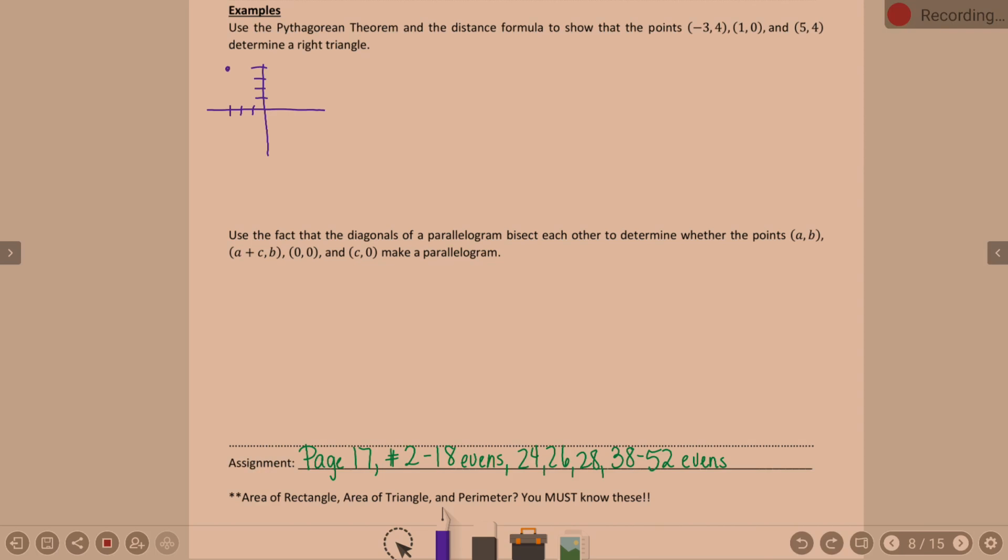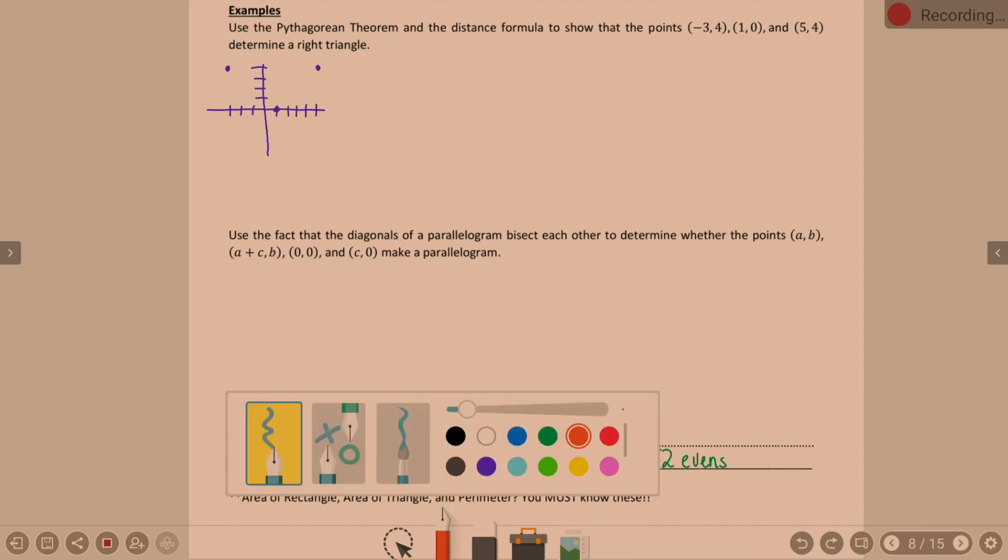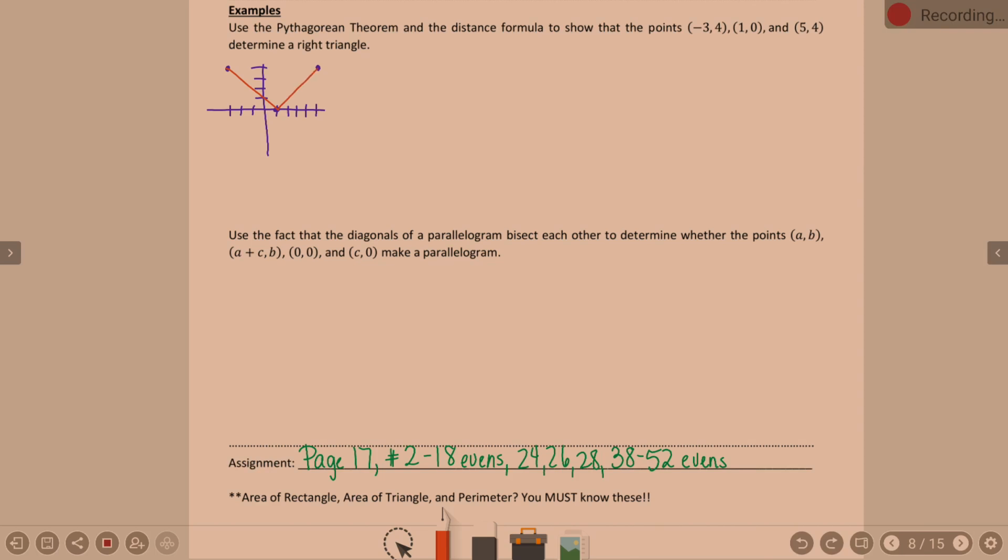There's negative 3, 4; 1, 0; and there's 5, 4. Maybe that looks like a right triangle to you, maybe it doesn't. But our job is to use the Pythagorean theorem and the distance formula to show that it is a right triangle.